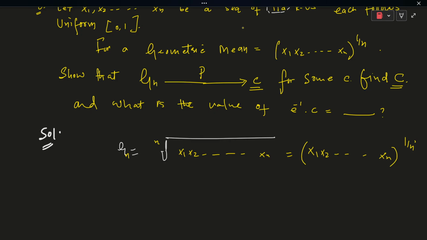So we need to find that C where Gn is converging to C in probability.